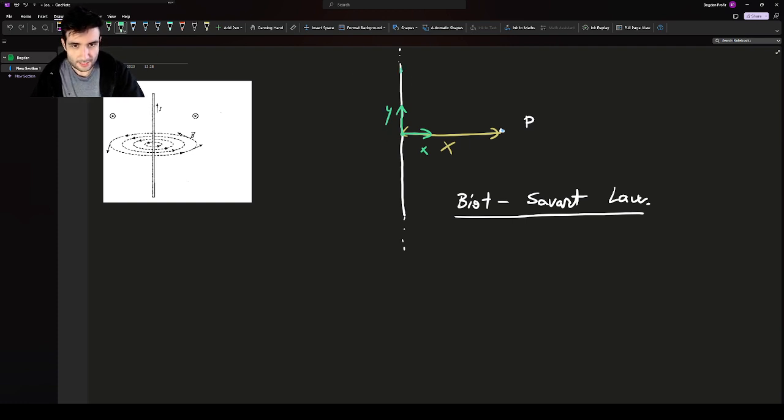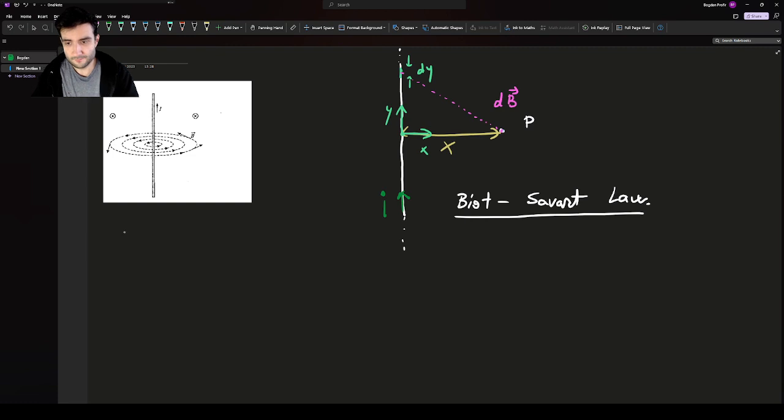So the Biot-Savart law says that this piece of wire, which by the way has current going through it, let's say the direction of the current is upwards, will affect the magnetic field at point P, and it will create a small amount of magnetic field at point P, which is going to be called dB.